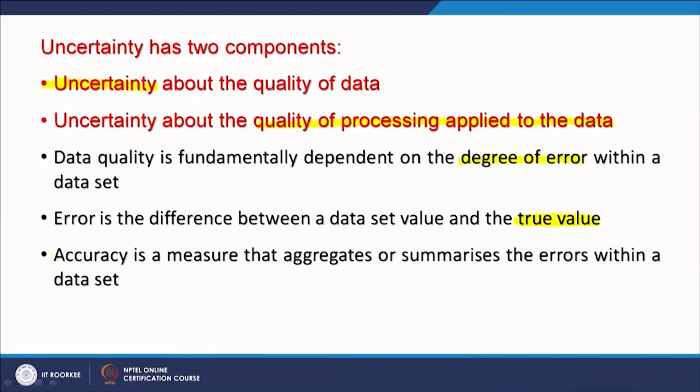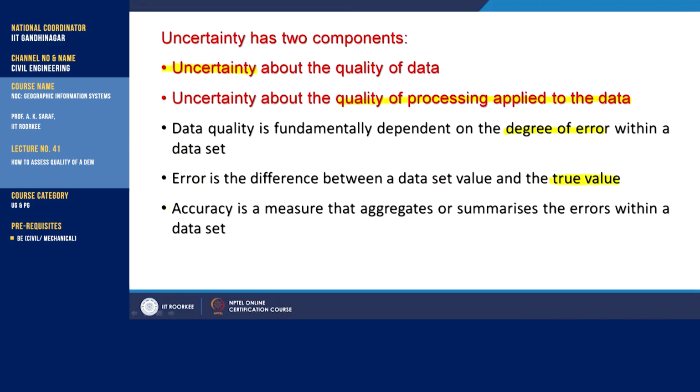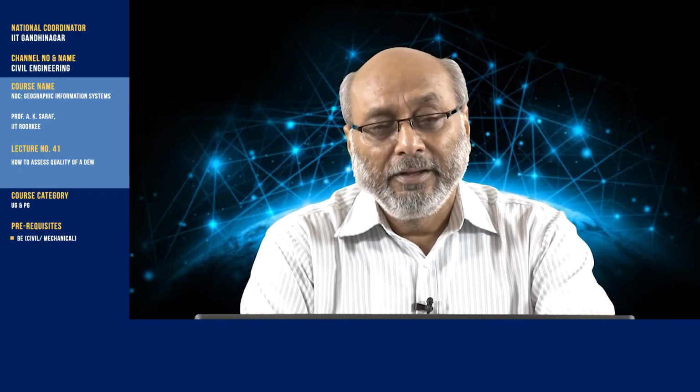And as you also know, we have discussed the two things, accuracy and precision, in previous lectures. Accuracy is basically a measure that aggregates or summarizes the errors within a data set. Sometimes we use the terms loosely, but precision depends on the instrument which I am going to use, whereas accuracy is basically a statistical term: how close I am to the real value or true value.